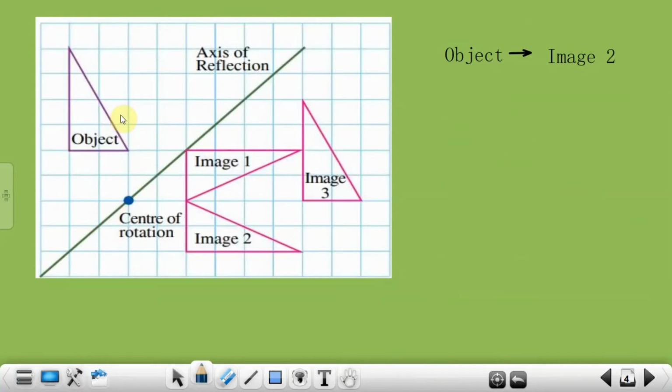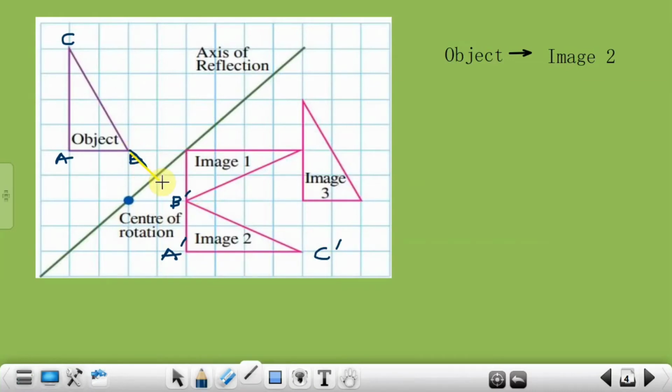Object is mapped to image 2. So this is the object and this is image 2. Let's again name the points. This is ABC, and for image 2, this will be B prime, this will be A prime and this will be C prime.